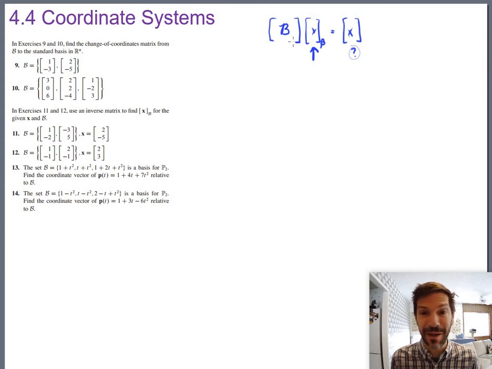The matrix that does that is the basis vectors as a matrix.